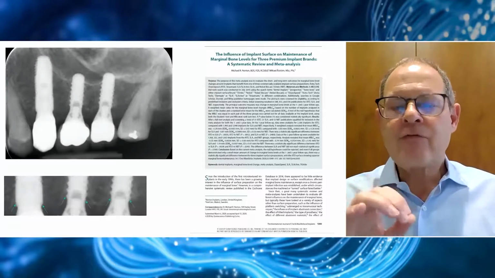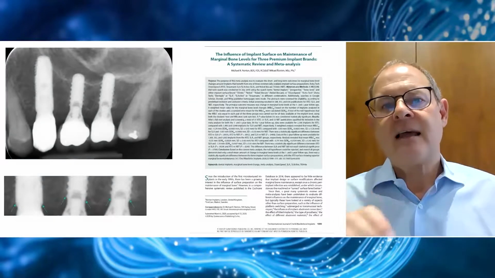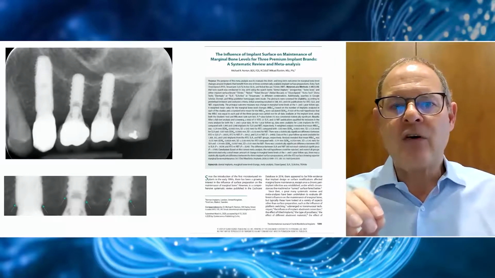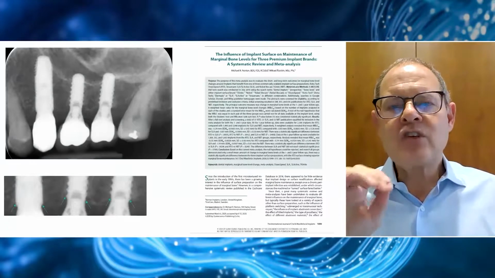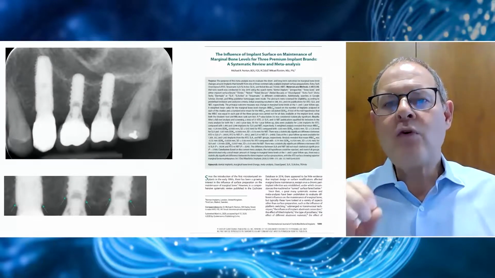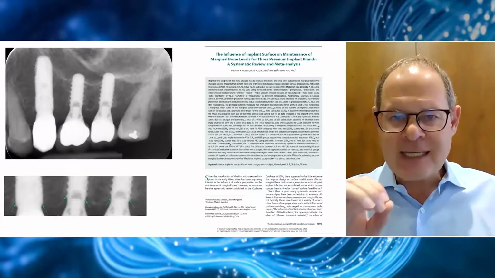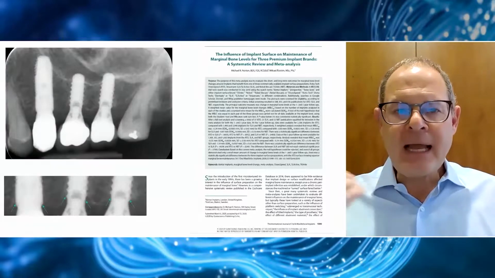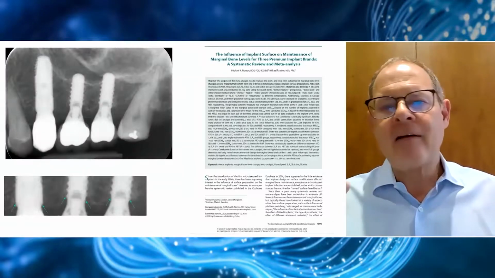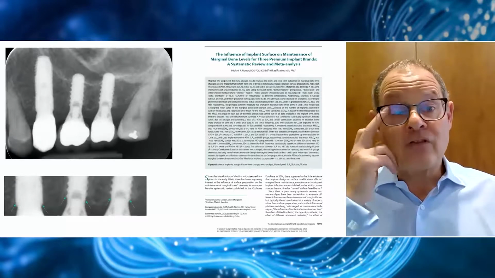Now, they have 3 very unique surfaces in terms of Tyenite, SLA or SL active, and osseous speed. And so I was curious to know, if we did a meta-analysis, would there be any difference in outcome? And so my null hypothesis was that they would all show a comparable marginal bone loss.